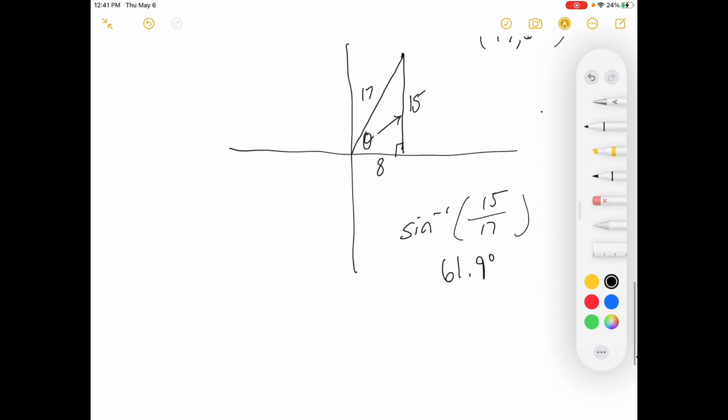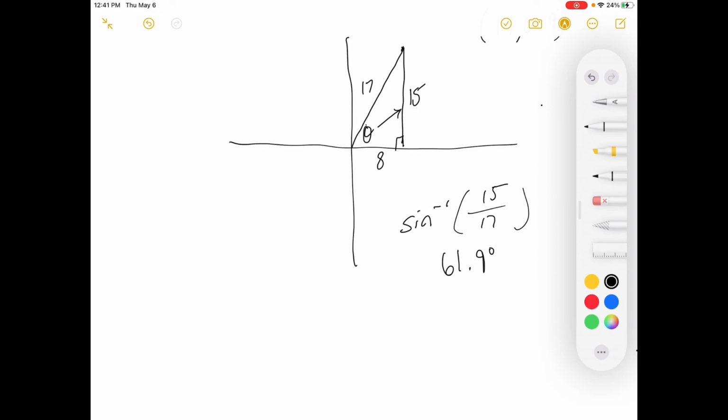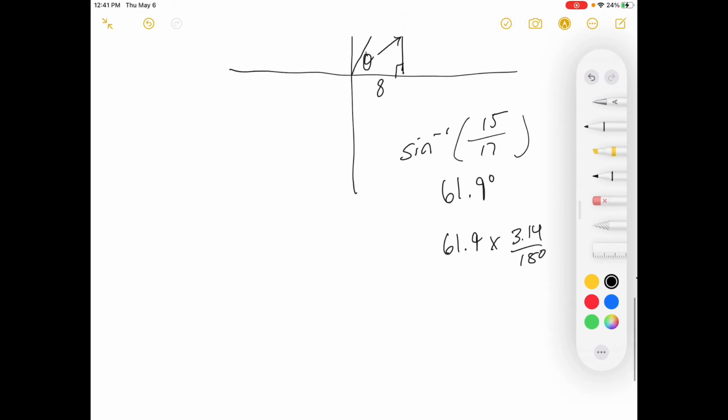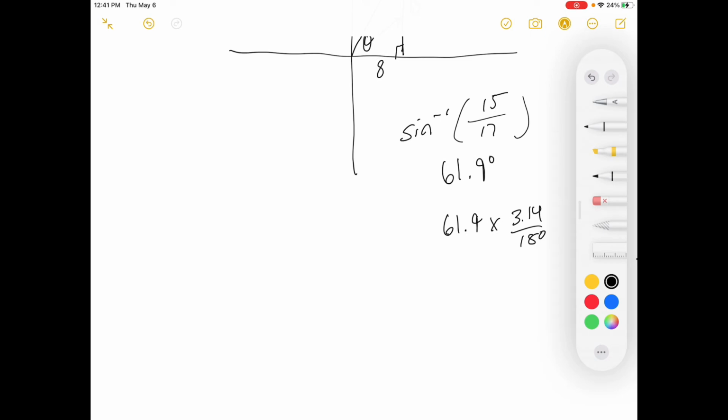Or if we wanted to make that a radian, you could: 61.9 times 3.14 divided by 180. That is 1.08. And so this is also an answer.